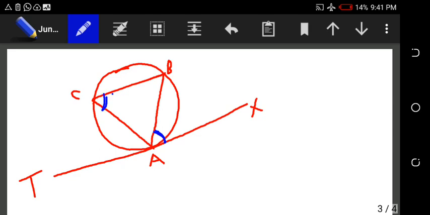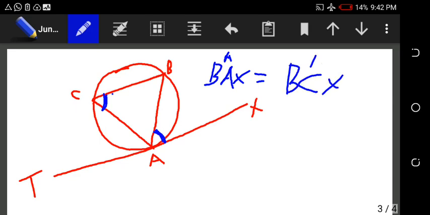In other words, we can say that angle BAX is equal to the angle here, which we can call BCX, and the reason is that they are angles in alternate segments.